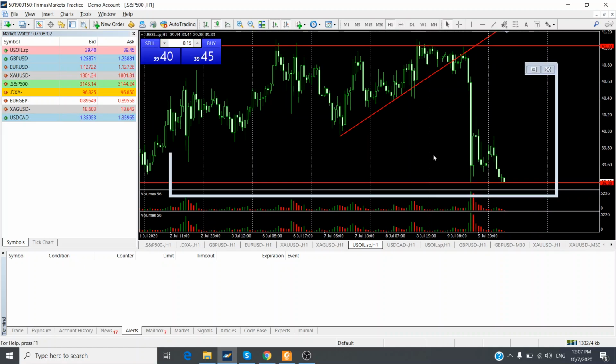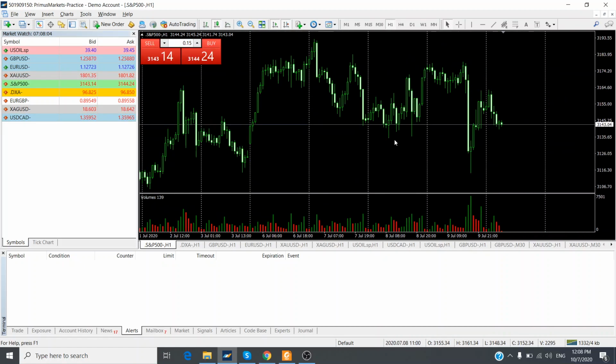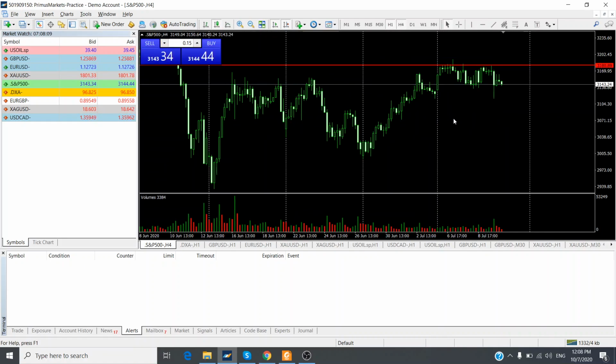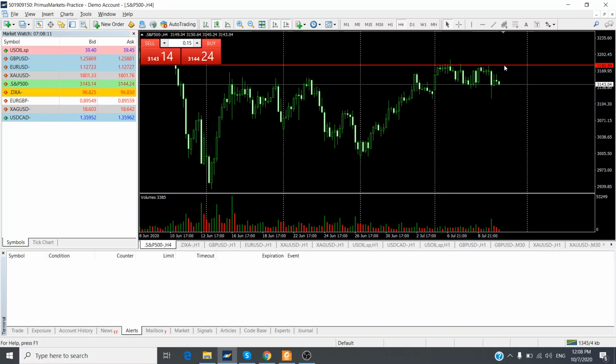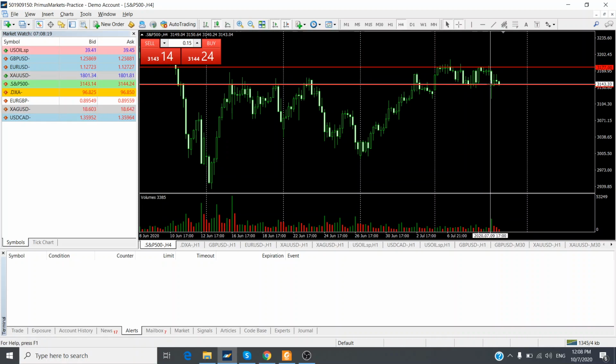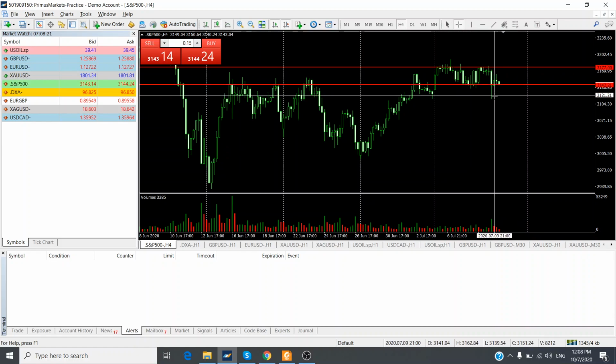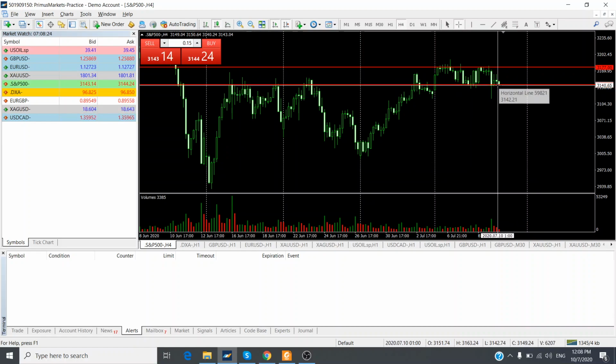Okay, so a quick look at the S&P 500. The S&P 500 yesterday was also pretty quiet, and back on the H4 charts, we can see that the S&P 500 is also consolidating. Even yesterday's breach moved down towards these levels, but it came back up and closed back into this consolidation phase.